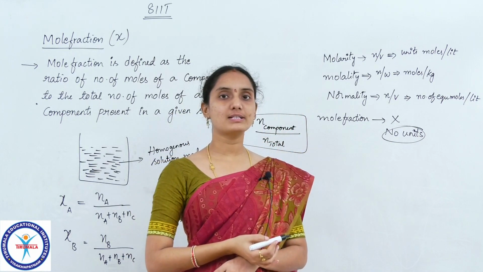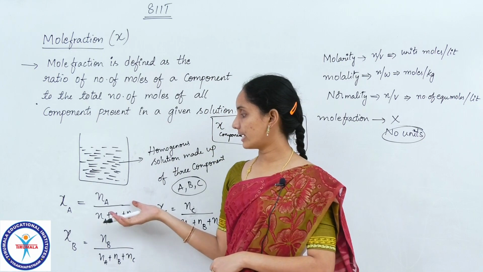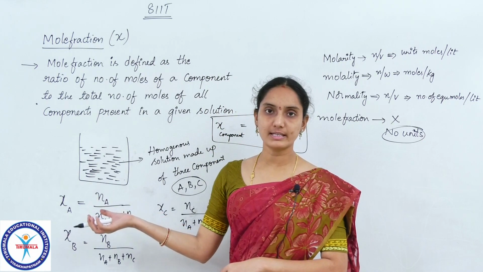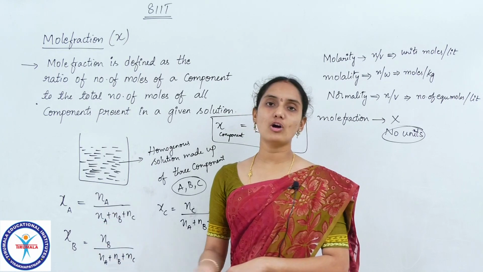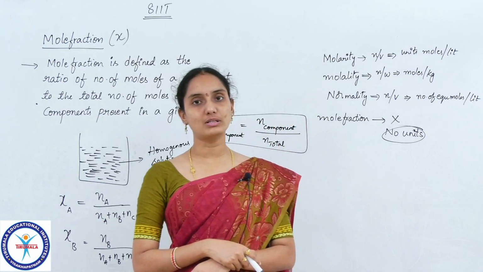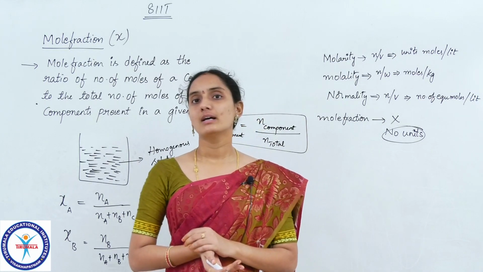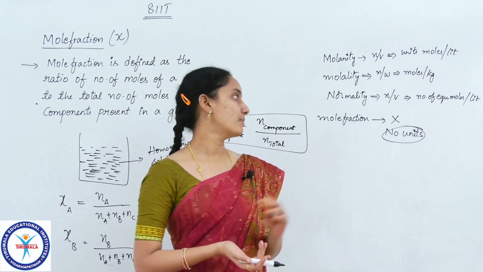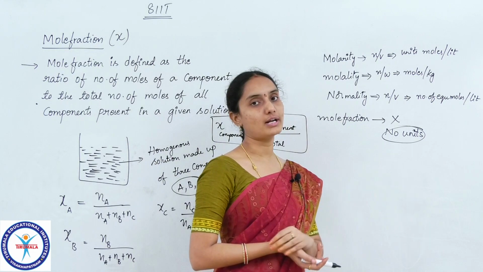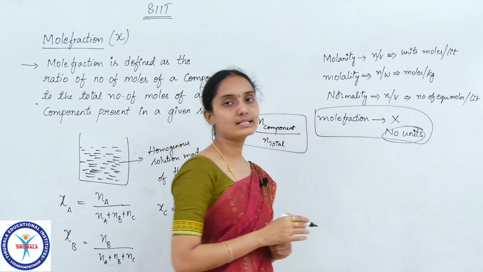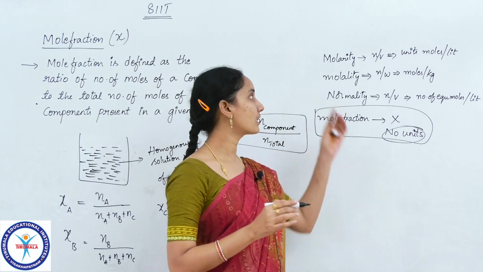So mole fraction is done by the ratio of same type of quantities, that is here also in the numerator it is number of moles, and in the denominator also we are taking number of moles only. So it is a ratio of same quantities of different components, so that the mole fraction will not have any units. So remember, children, mole fraction has no units.